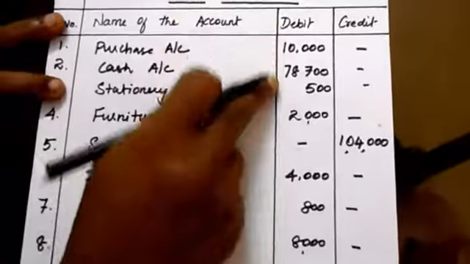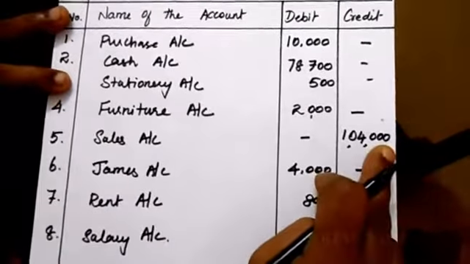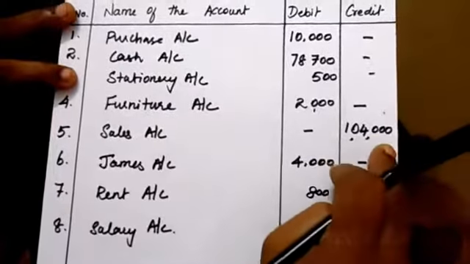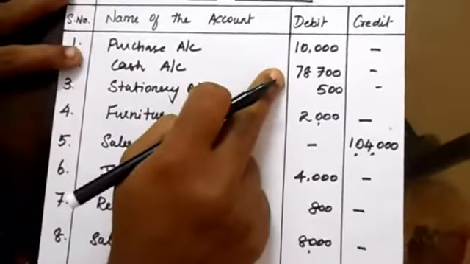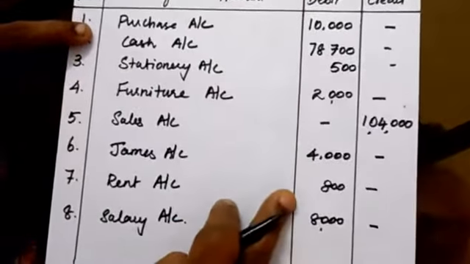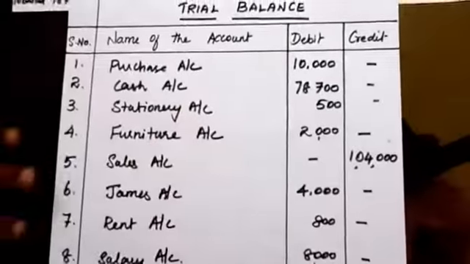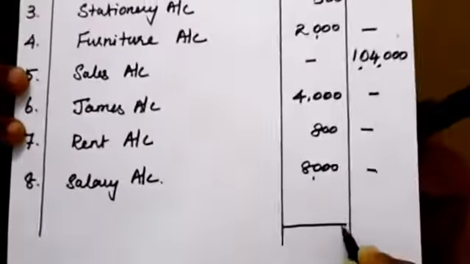So all these items are recorded on the debit side and sales is recorded under the credit side, because sales is the only revenue according to this problem. Purchase, cash balance, stationery, furniture, debtor, rent, salary, these are the debit balances. So after entering all these, you have to take the total.